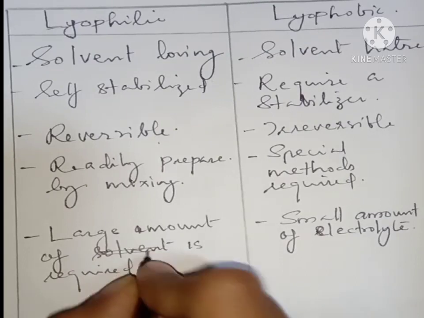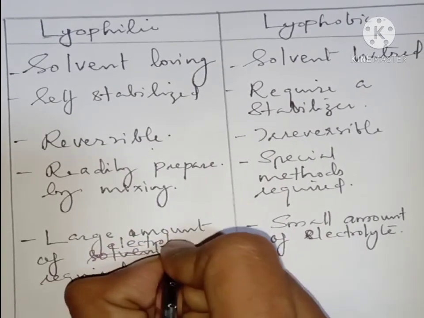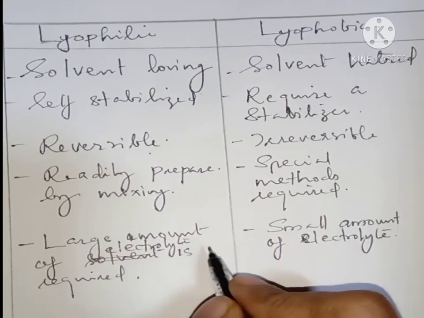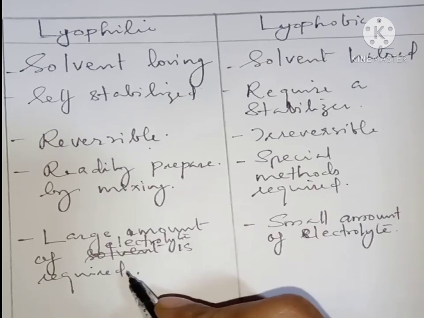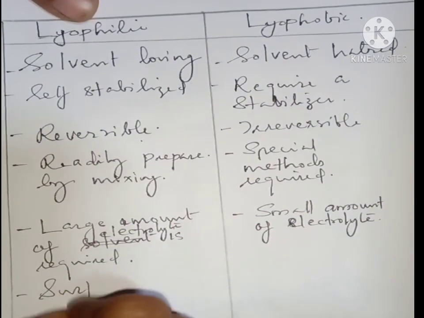Here also we can write electrolyte instead of solvent because the word solvent is not used in the case of colloids.